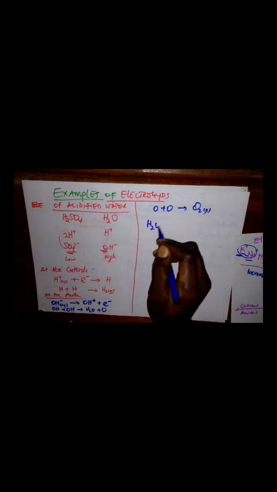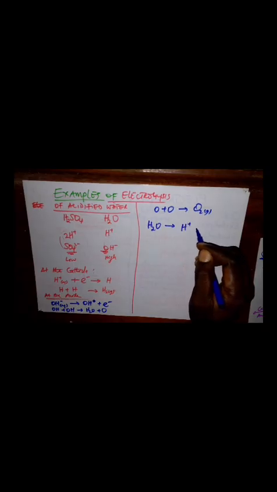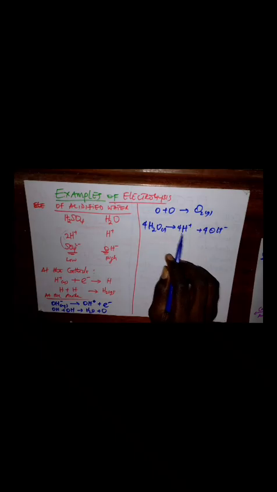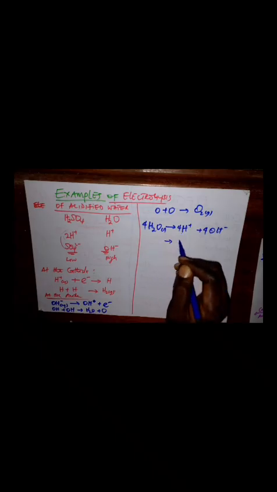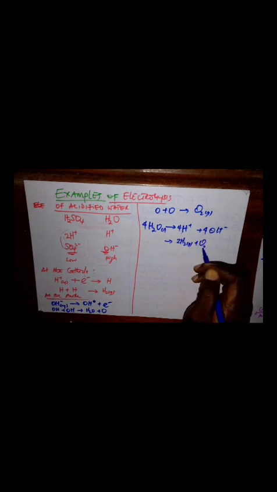Generally now, what you have there is that water will give hydrogen and oxygen. Okay, good. So when this takes place, this is liquid water, and 4 molecules of water will give 4 molecules of this and 4 molecules of this, which in turn will become 2 molecules of hydrogen gas and oxygen gas plus 2 molecules of water.